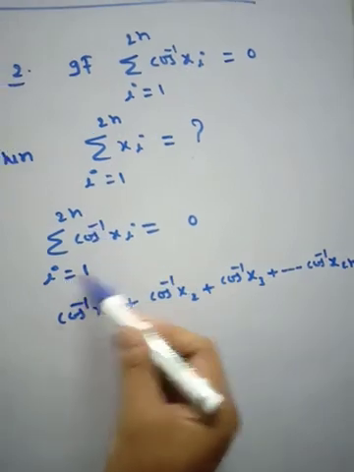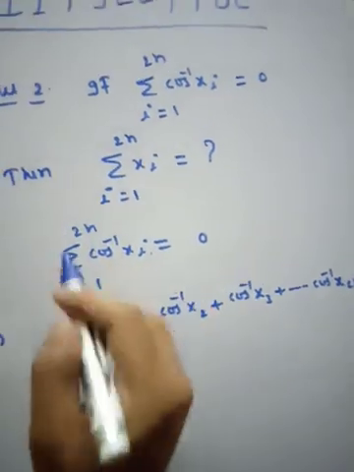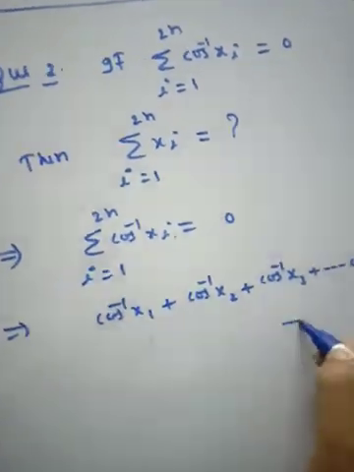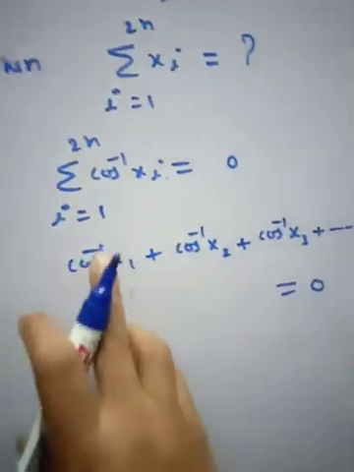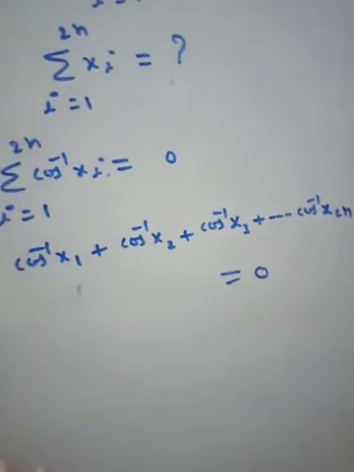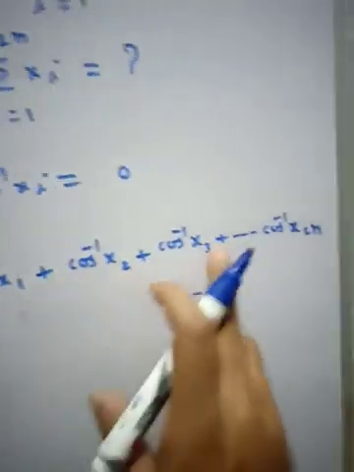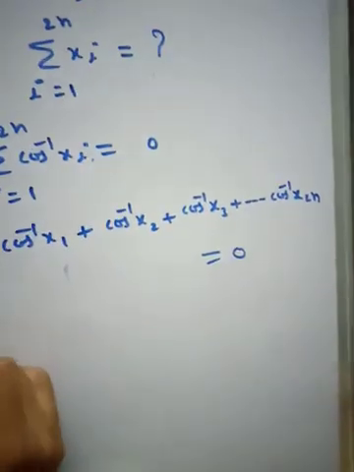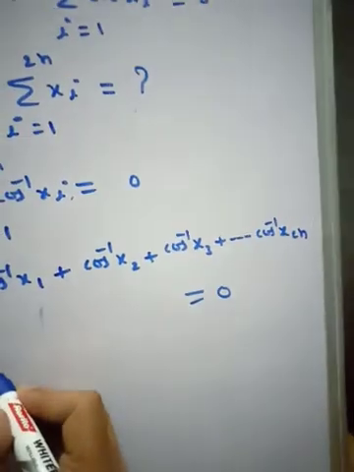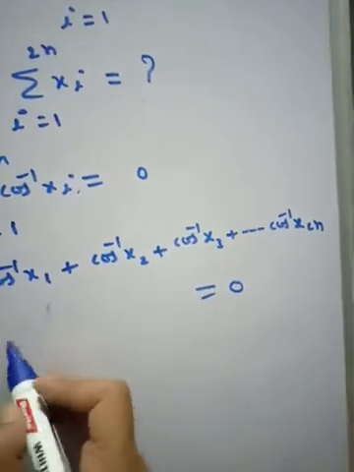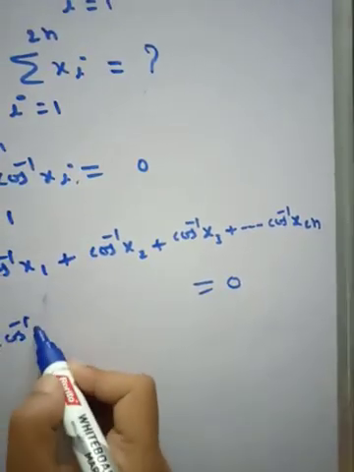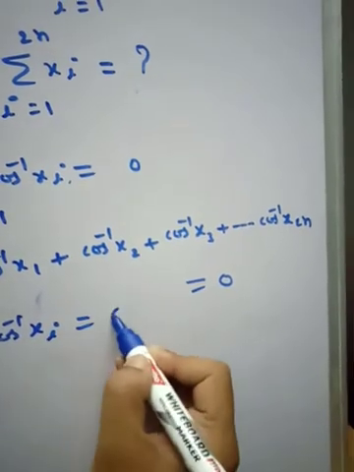Sigma means sum, so the sum equals 0. When the sum of these terms is 0, individually they will be 0. So cos inverse xi equals 0.